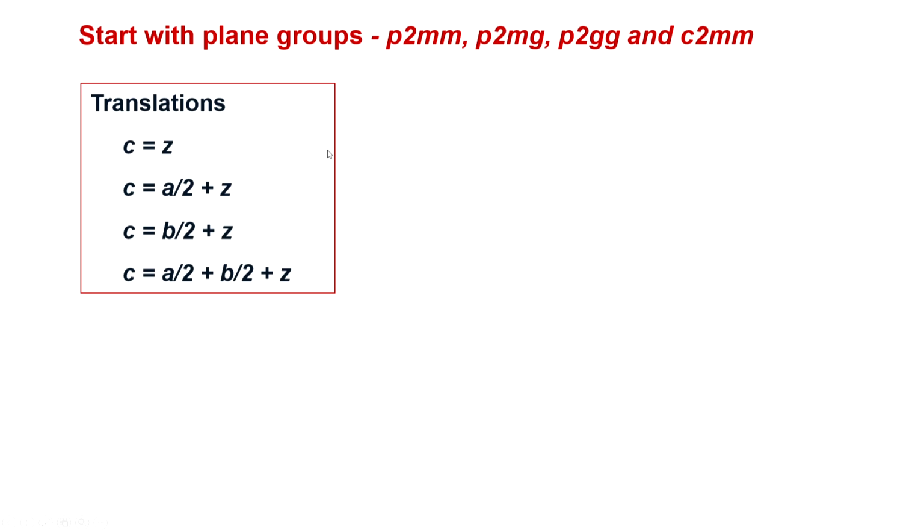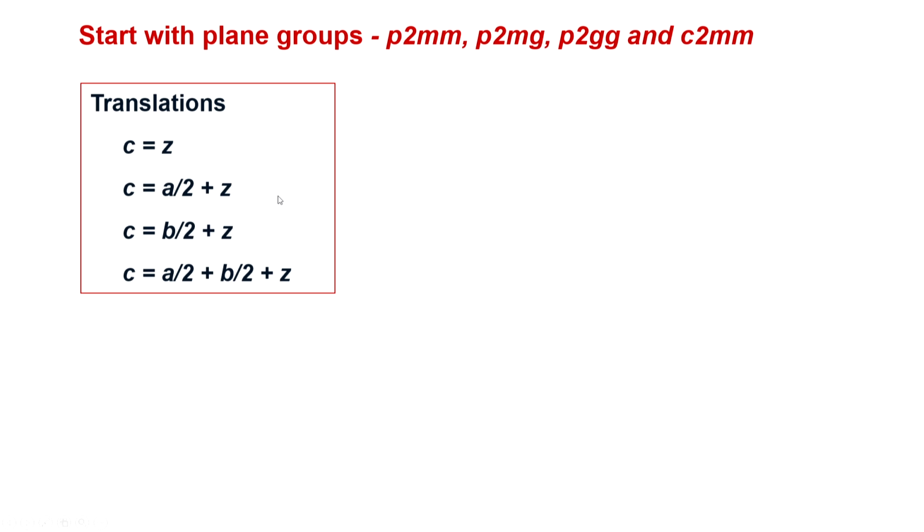This way we can continue taking other symmetries, other two-dimensional lattices to create other unit cells of the Bravais lattices. You could consider, for example, plane groups P2mm, P2mg, P2gg and C2mm and so on. You can add translations, and these are the allowed translations that I can add to these.